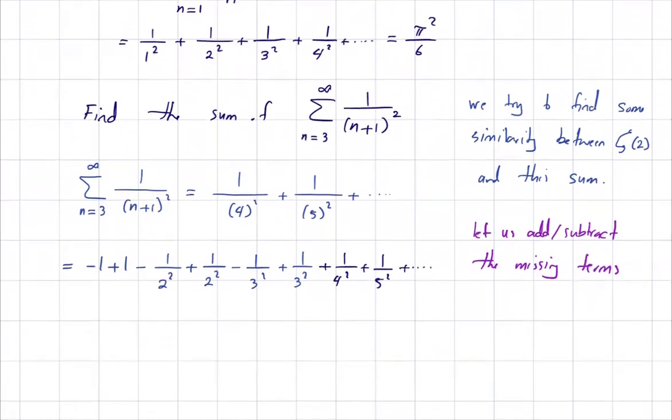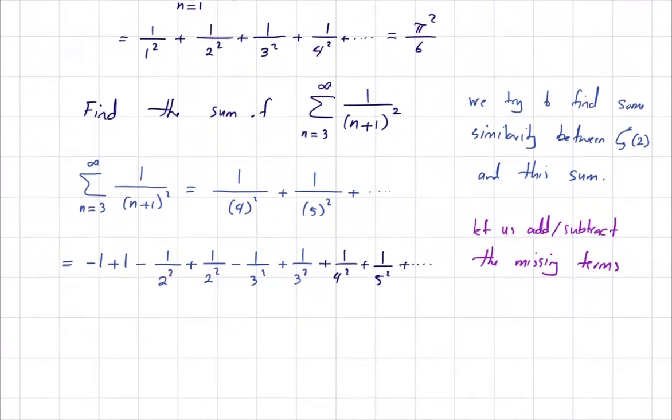Rearrange these so you can see the similarity between these two. You have -1 minus 1 over 2 squared minus 1 divided by 3 squared plus 1 plus 1 over 2 squared plus 1 over 3 squared plus 1 over 4 squared plus 1 over 5 squared plus the rest of the terms.